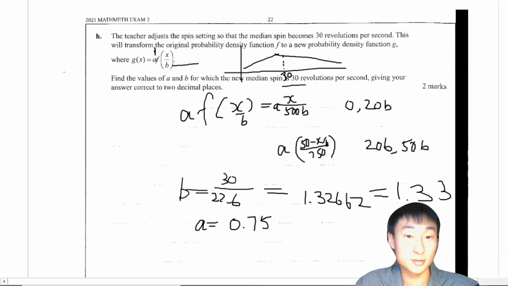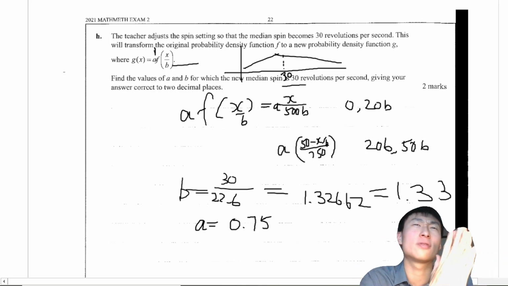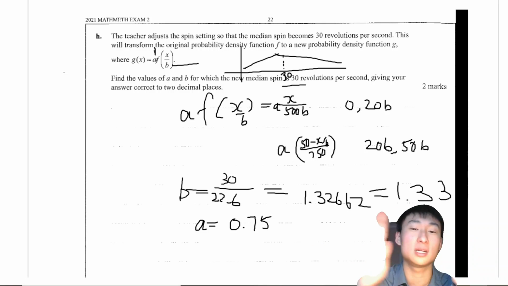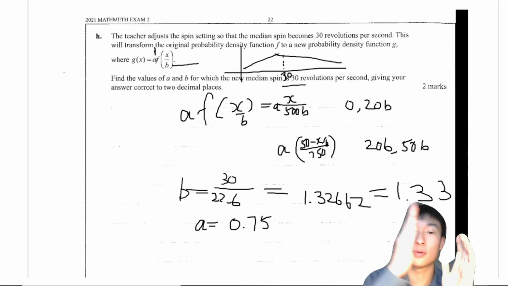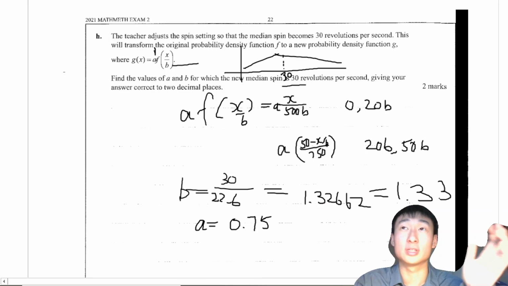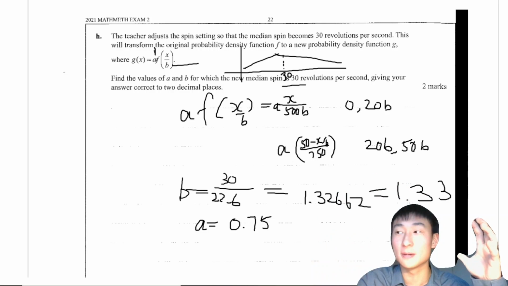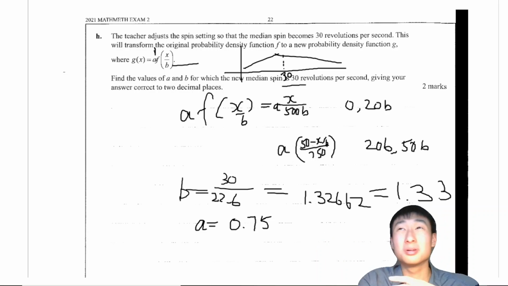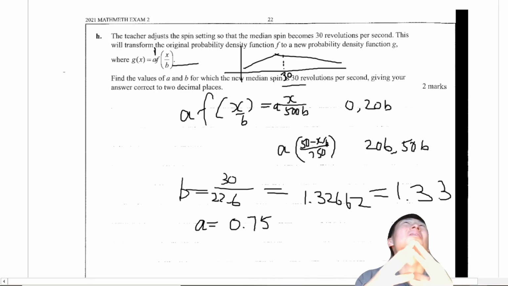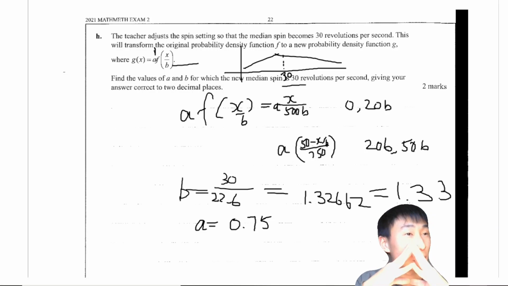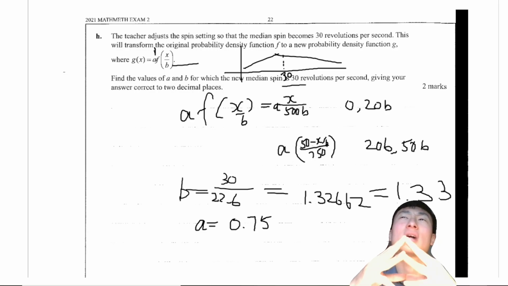I have no idea if it's correct or not, but if I dilate it away from the y-axis, then the median going from 22.6 to 30 should be an indicator of what the dilation factor is. Because when you're dilating away from the x-axis, you're not changing the median. Are you? Actually, are you changing the median when you dilate from the y-axis, from the x-axis?